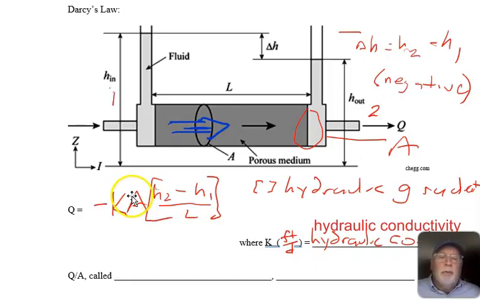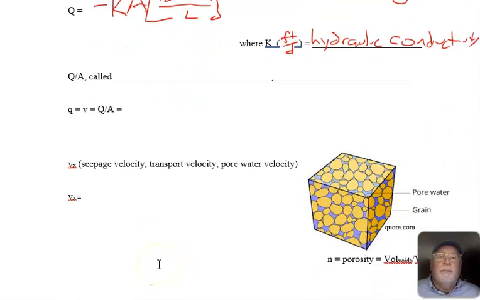We can also pull this A over on the left-hand side, and we can have Q over A, and we might call that, it looks like a velocity because it's going to be units of feet per day or something, but I'm going to call it a specific discharge. We'll get in a second to why that's not a velocity.